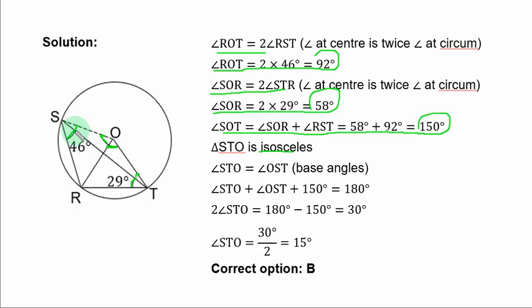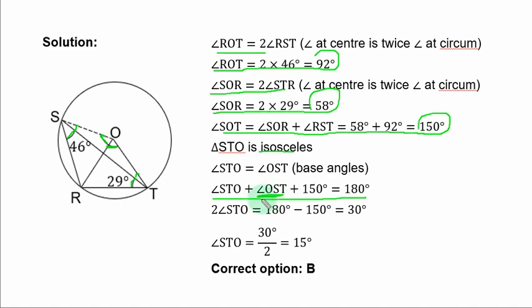They are equal, so base angle. So if you add the 3 angles in triangle STO, you have angle STO plus angle OST plus angle 150 degrees equal to 180 degrees. Since we are interested in STO, let's represent this with STO.